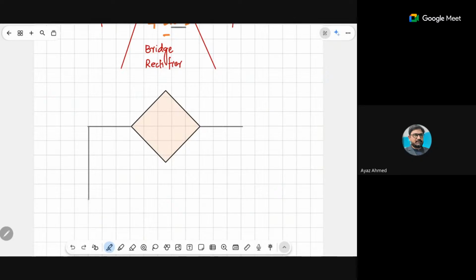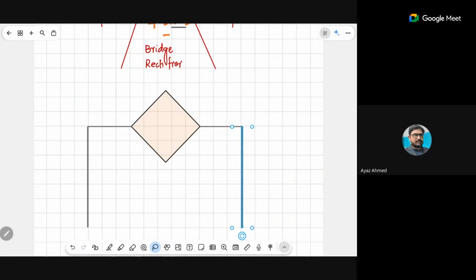First I will complete the circuit, then I will tell you where I am going to place the diodes. This is basically one terminal, and this is the input terminal. So this one will be the output terminal.